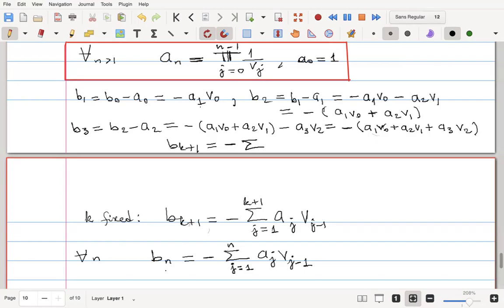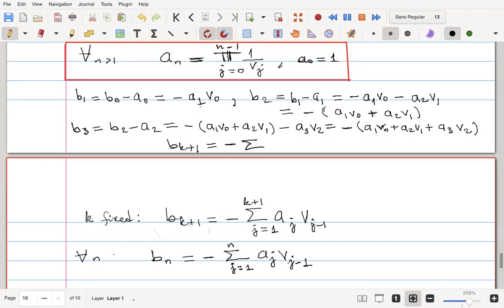Does that work? Let's see. If I take n equal to 1, j just takes one value, negative a_1 v_0. Negative a_1 v_0, so it works.